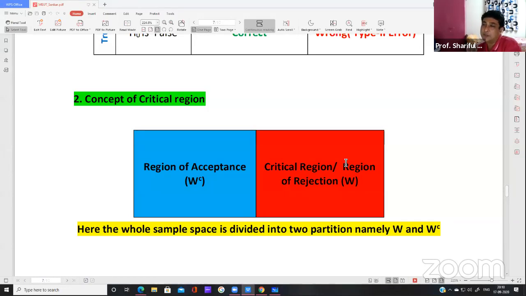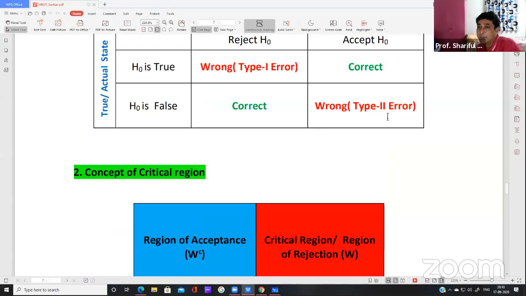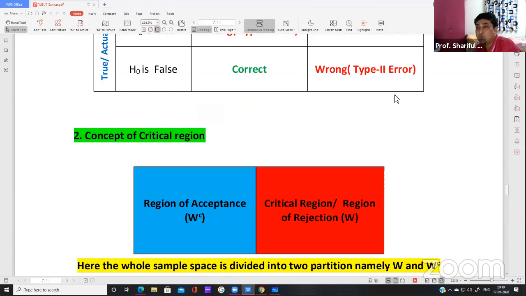But suppose in a judgment system, a man has been produced in court, and within 100 pieces of evidence, 98 go against him, only 2 in favor of him. In that case, the judge is forced to reject H0. That means he will declare this man a thief.